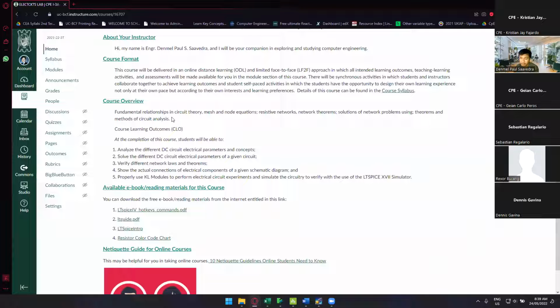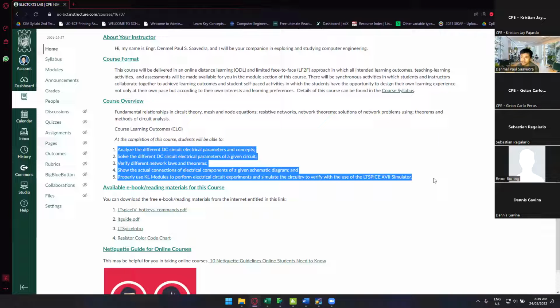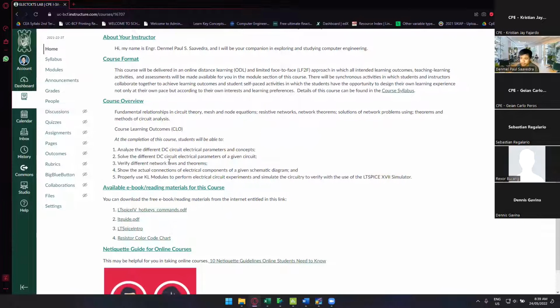This is the fundamental relationships in circuit theory, mesh and node equations, resistive networks, network theorems, solution of network problems using theorems and methods of circuit analysis. And then here are the four course learning outcomes. The first one is analyze the different DC circuit electrical parameters and concepts.